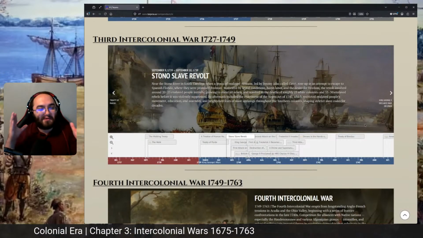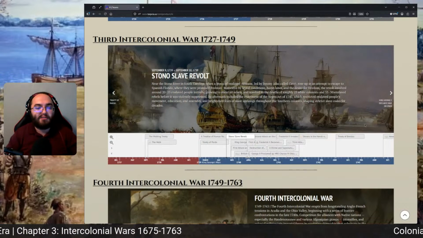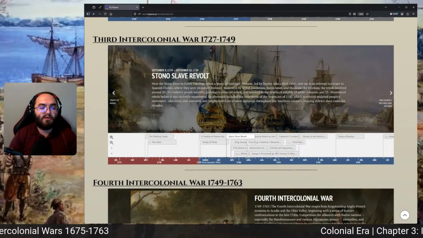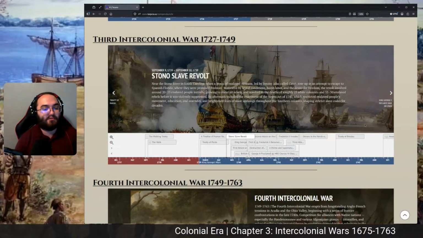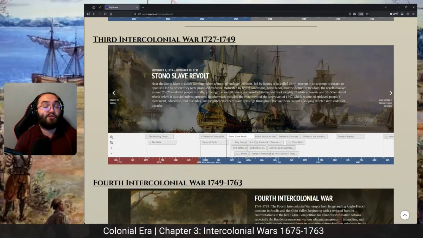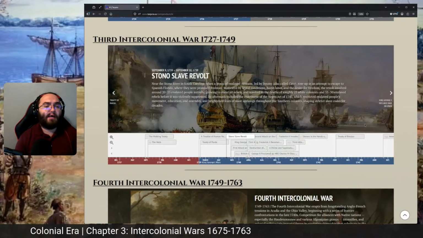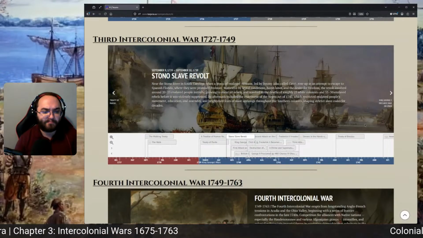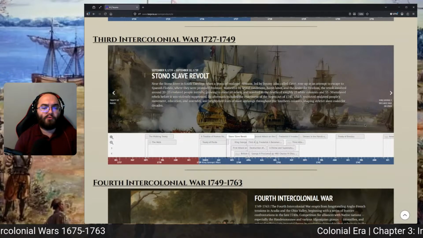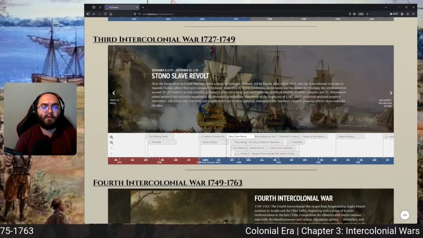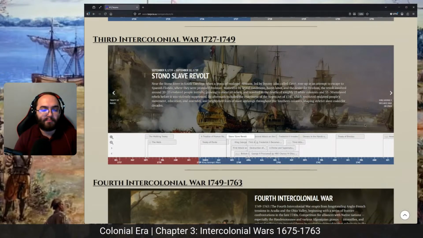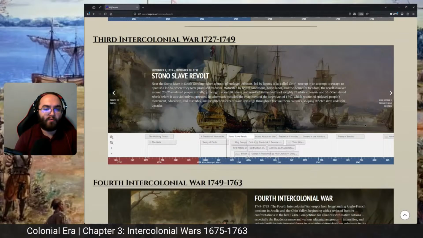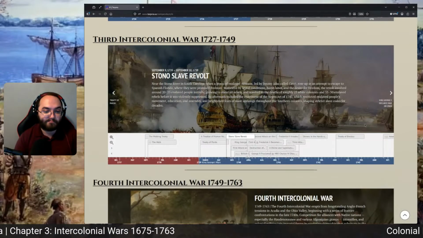So, going back to the timeline, we have the Stono Slave Revolt. This is the first major slave revolt in English North America, in Stono River, South Carolina. A group of enslaved Africans led by Jemmy, also called Cato, rose up in an attempt to escape to Spanish Florida, where they were promised freedom.